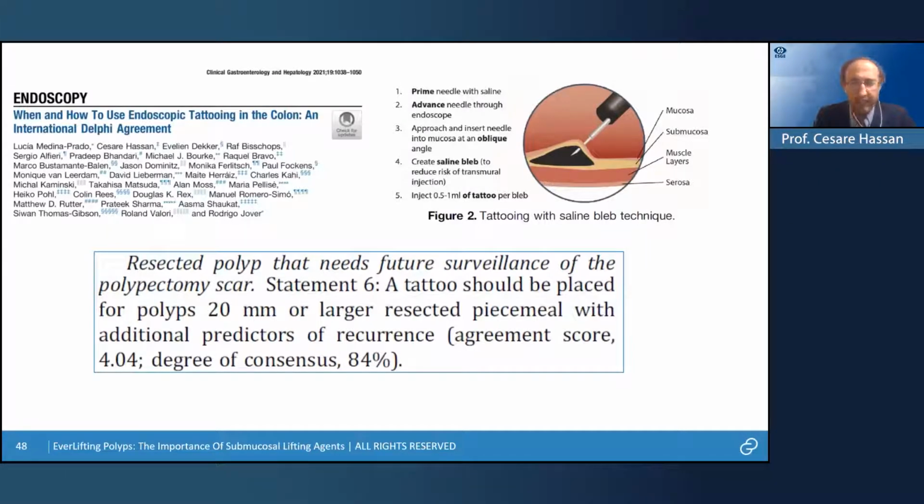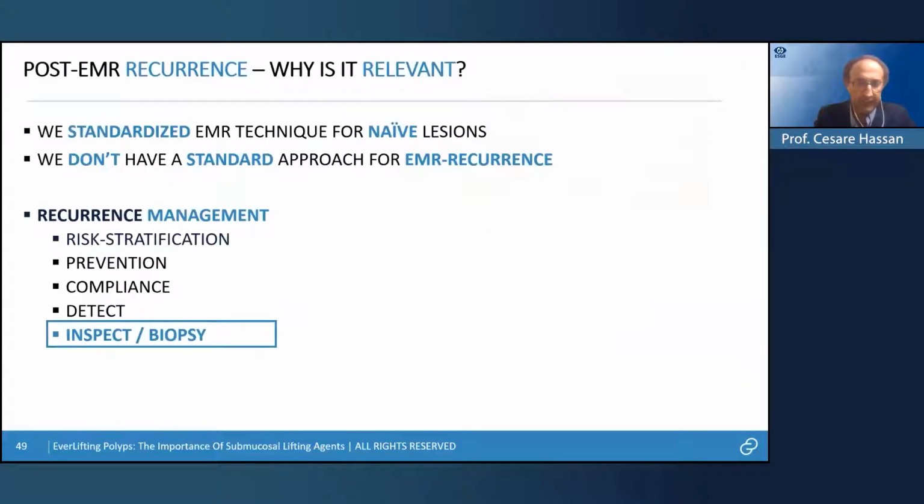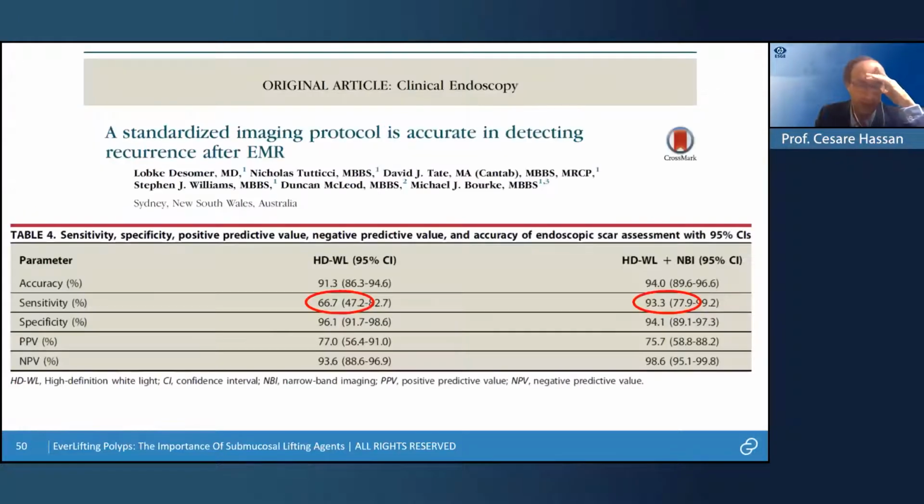And we also clarified that the tattoo must be injected on the opposite side of the lesion in order not to prevent the treatment of the next recurrence. But what is probably new is the fact that we can use advanced imaging, as Evelyn clearly showed us, to inspect the possible recurrence.